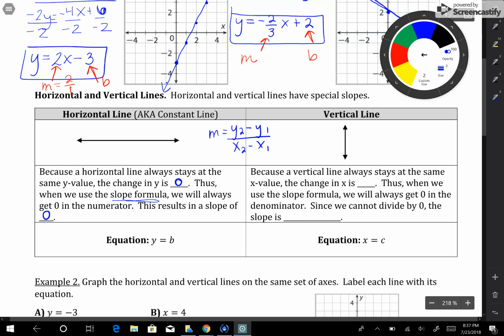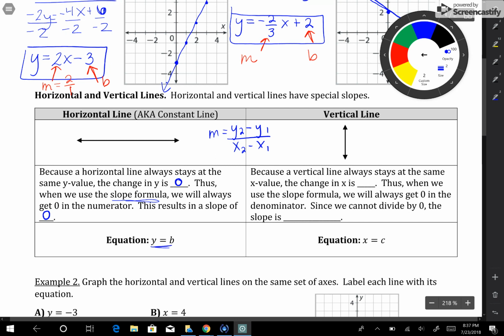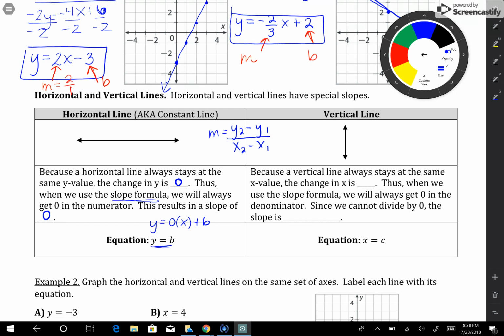Which should make sense because slope is rise over run. Well, this horizontal line has no rise. Okay, so the rise is 0, the slope is 0. So what happens is your equation ends up just being y equals b, because before that, you would have y equals 0 times x plus b. If you put 0 in for the slope, well, 0 times x is just 0. So it's just y equals b.